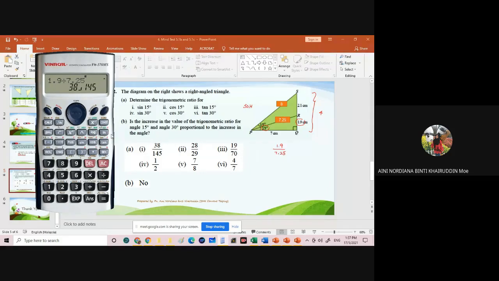So you just use the calculator, 1.9 divide by 7.25. You will get a decimal number like this. Then you press this button, button ABC. Then the calculator will give 38 over 145. So same as the answer at the back. Okay? Okay, for number 2, cos 15.